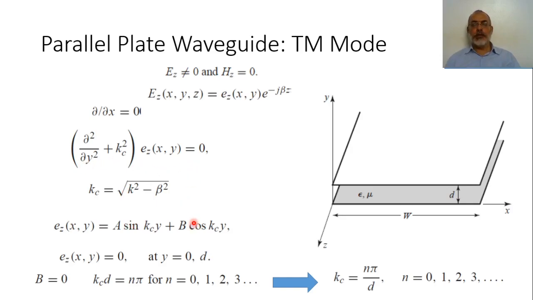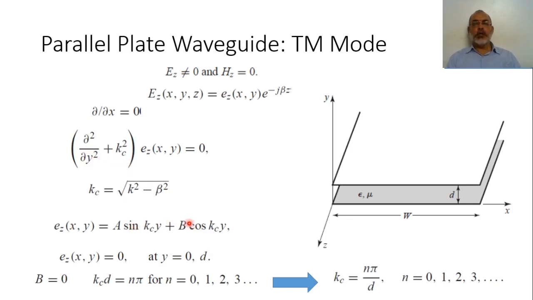In a similar way, the first derivative of this cosine would be minus kc sine. The second derivative would be minus kc squared cosine kcy. So once again, this function satisfies this differential equation.